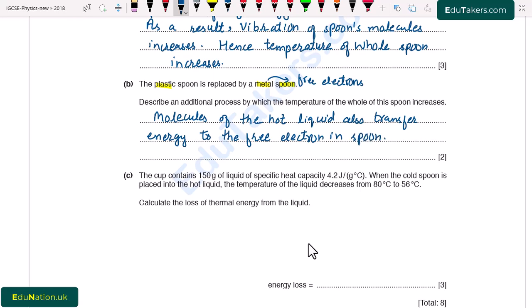These free electrons move through the metal. As a result, the temperature of the whole of the spoon increases.